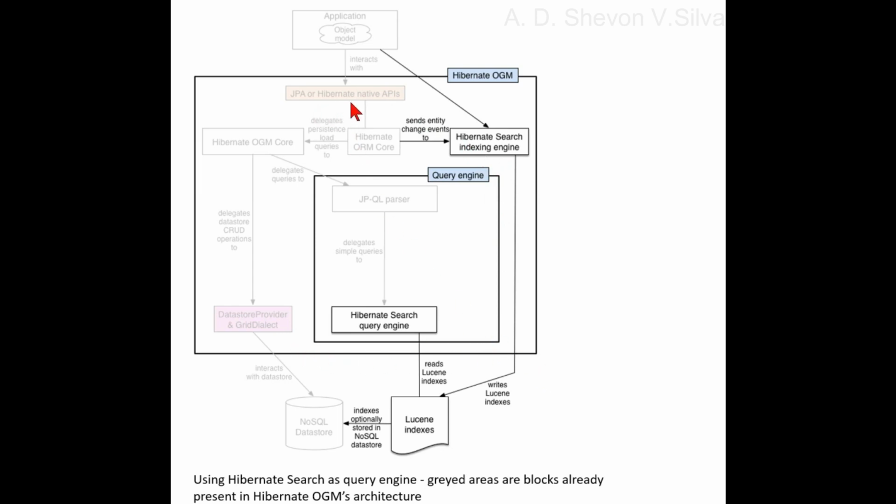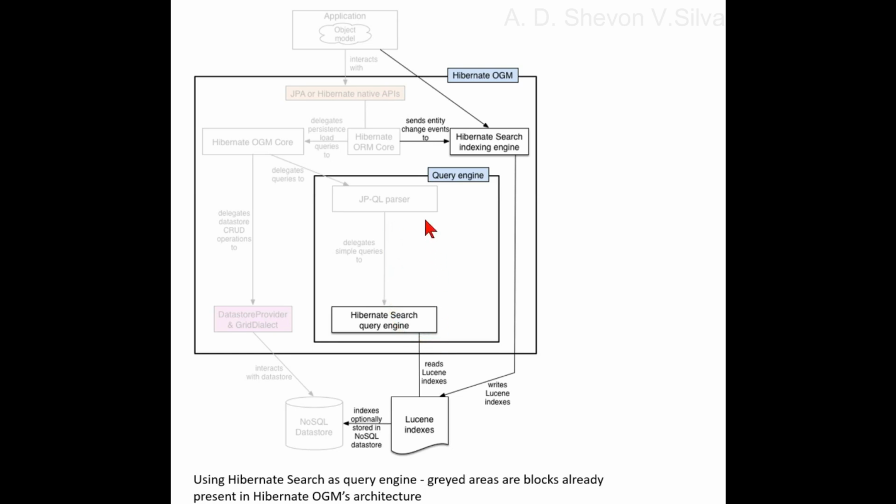JPA or Hibernate native APIs interact with Hibernate ORM core. Hibernate ORM core delegates persistence load queries to Hibernate OGM core. Hibernate OGM core delegates queries to the JPQL parser. The JPQL parser delegates simple queries to the Hibernate Search query engine.